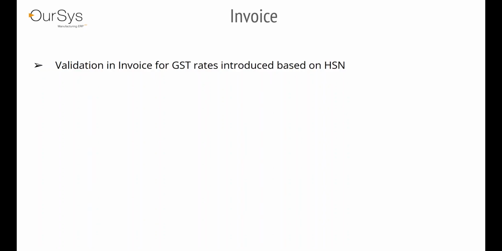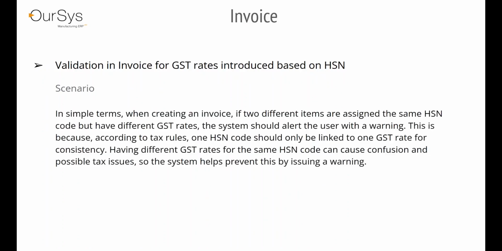Validation in invoice for GST rate introduced based on HSN. So when creating an invoicing system, if you assign the same HSN code to different items but set different GST rates for them, then system will show a warning. This happens because tax rule says that one HSN could be linked to only one GST rate.